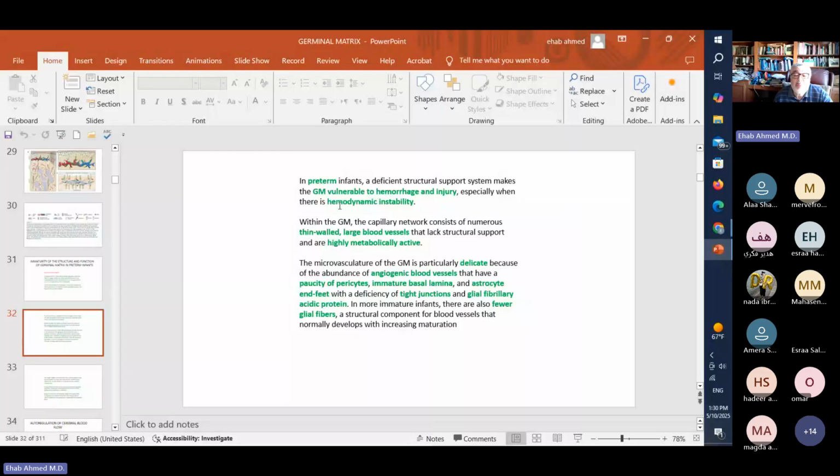So in preterm babies, the germinal matrix is very vulnerable to hemorrhage and injury, in response to hemodynamic instability. As we are going to see, the main factors in the pathogenesis of GM-IVH are, number one, germinal matrix fragility and immaturity, and number two, hemodynamic instability affecting cerebral blood flow because of the lack of autoregulatory mechanisms. Okay?